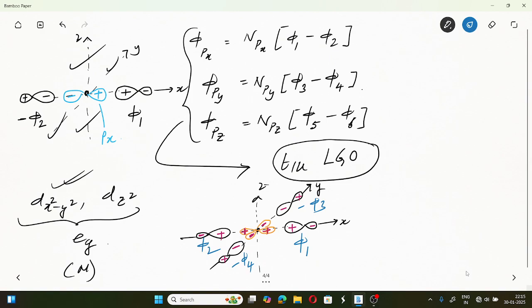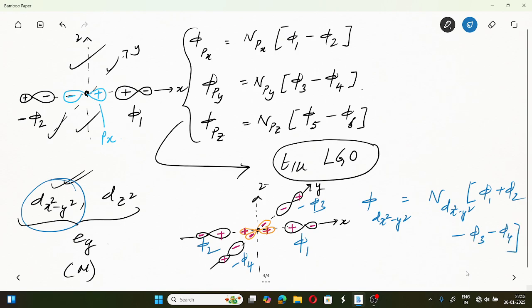So the LGO having matching symmetry with this one, say phi dx square minus y square, equals n dx square minus y square, the normalization constant, times phi 1 plus phi 2 minus phi 3 minus phi 4. So in this way, we have constructed the LGO having matching symmetry with dx square minus y square.